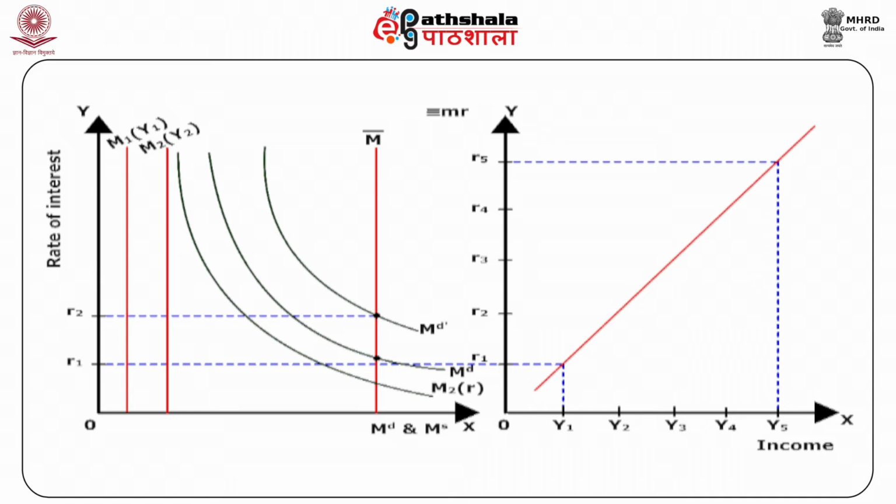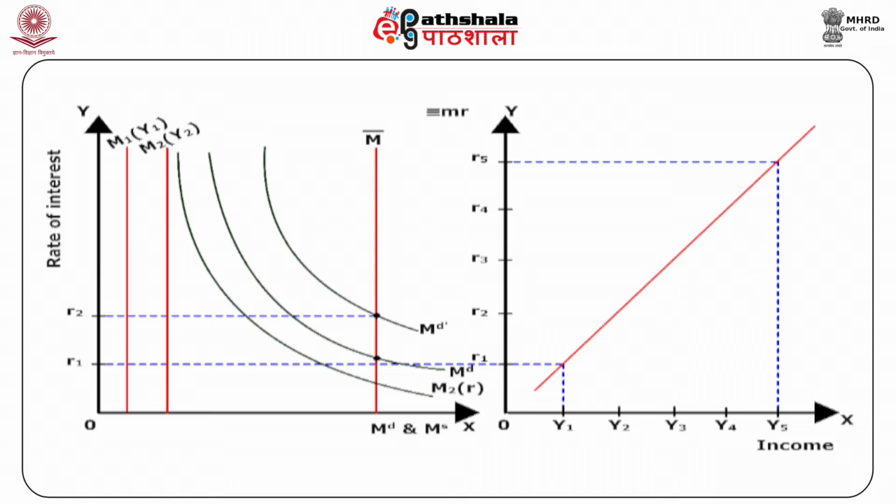As we know, M2 is downward sloping, and we add up horizontally M1 and M2 and arrive at the total money demand. At the given money demand, there is a given level of money supply which is exogenously determined. It is M bar. So M bar intersects with the original money demand function, and then we have an equilibrium rate of interest which is relatively low.